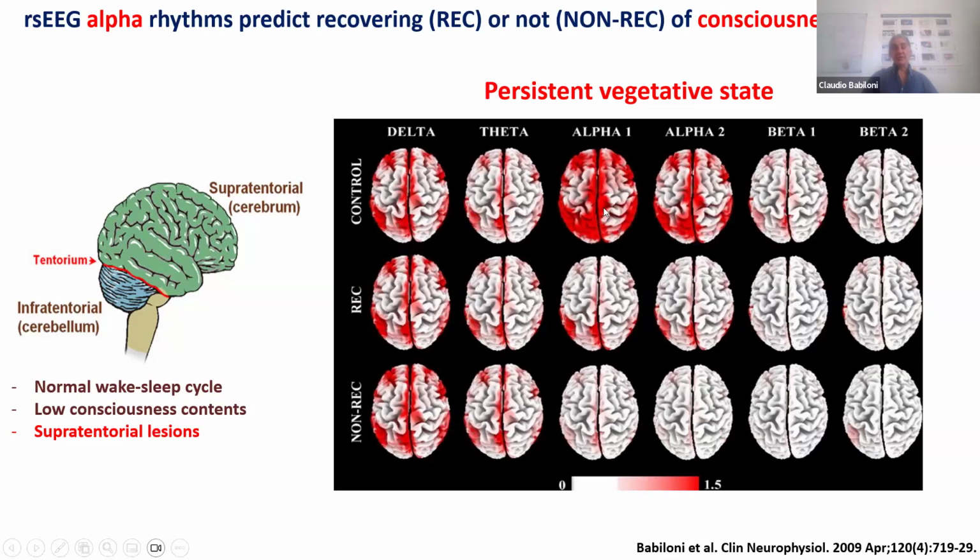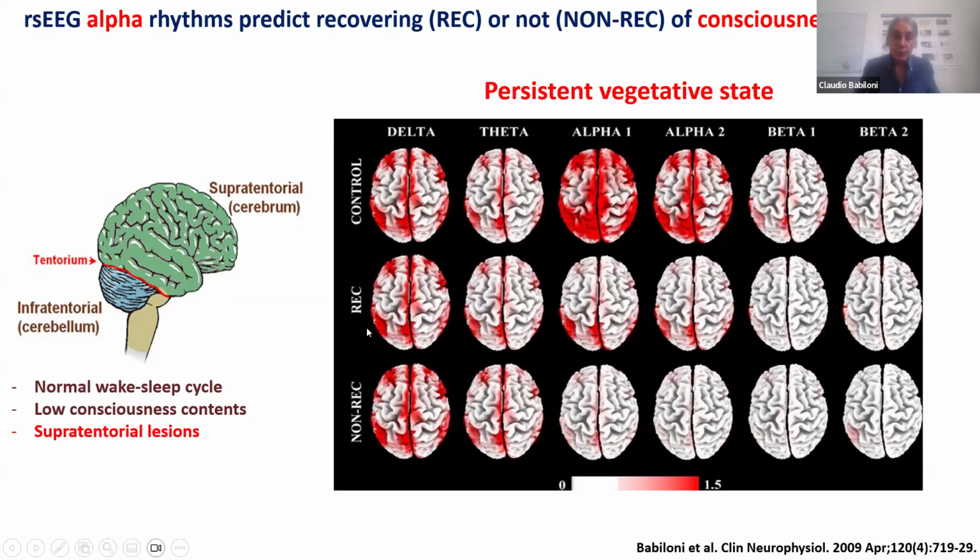And so you can see that the main differences were in the source activity in the alpha band, a strong reduction of alpha rhythms in the middle line and also in the bottom line. So all the patients with persistent vegetative state show this drop of alpha rhythms, possibly related to the abnormalities in the level of vigilance and consciousness.